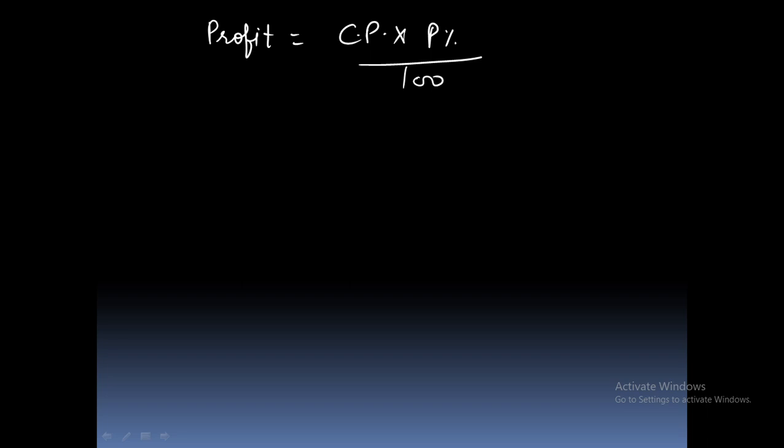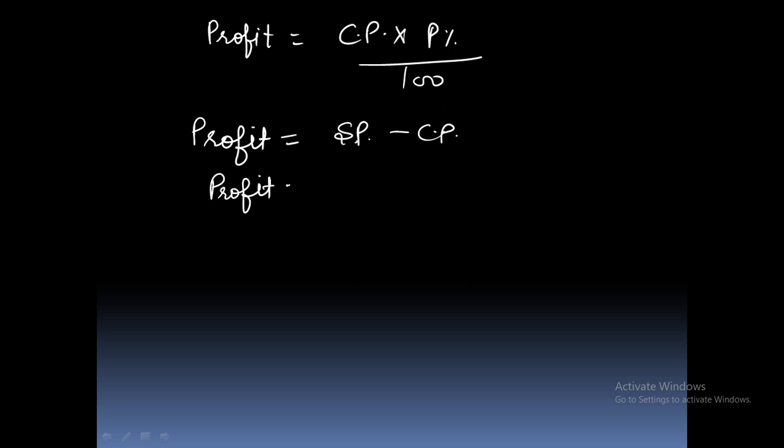Now, sometimes profit percentage is not given. You have given only selling price and cost price. Then you will get the profit by this formula, selling price minus cost price. And sometimes profit percentage is not given.